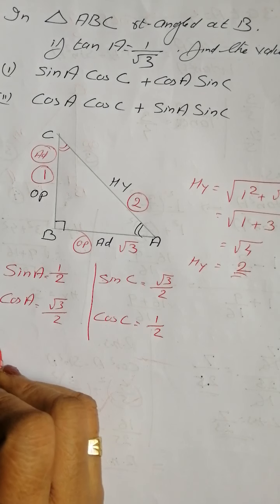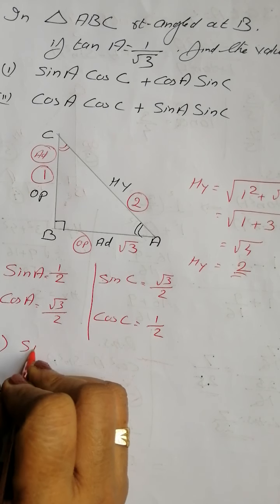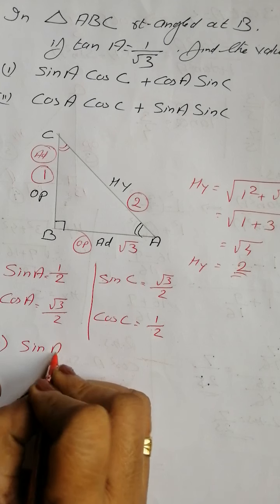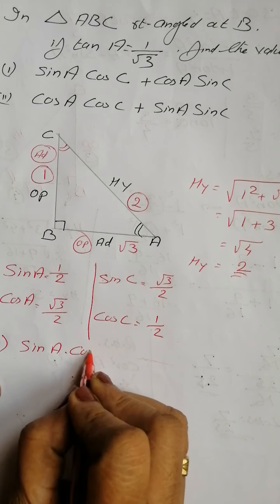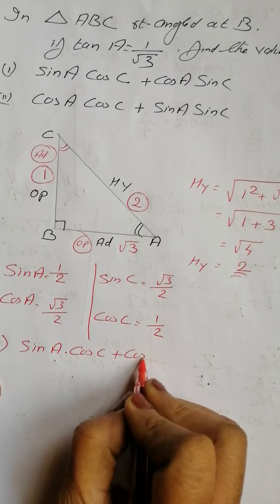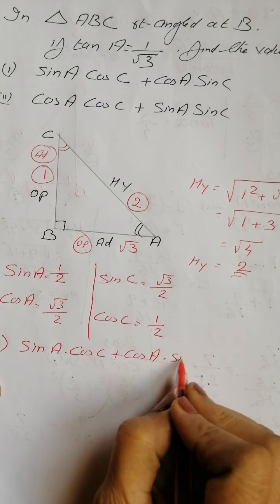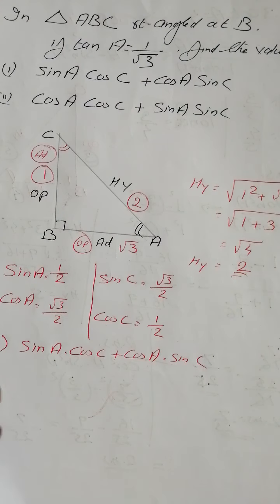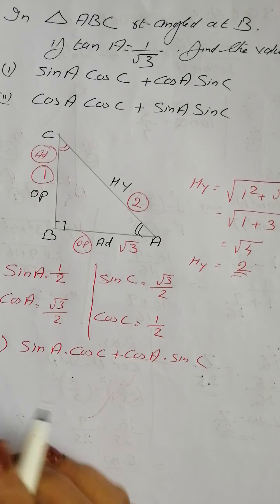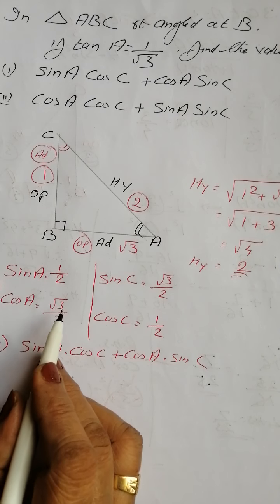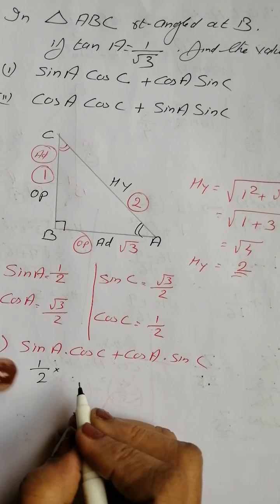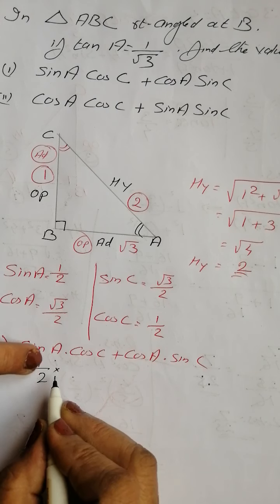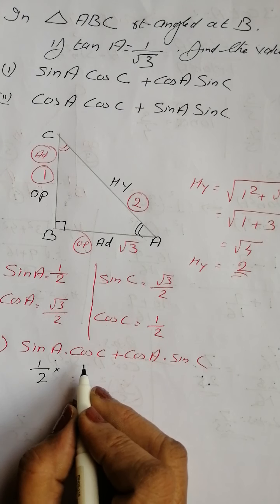Now I am following the question. They have asked us to write sin A into cos C plus cos A into sin C. So it's easy now because we are having everything. What is sin A here? Sin A is 1 by 2 times, as I'm writing numerical, I'm putting cross, cos C. Cos C is what?